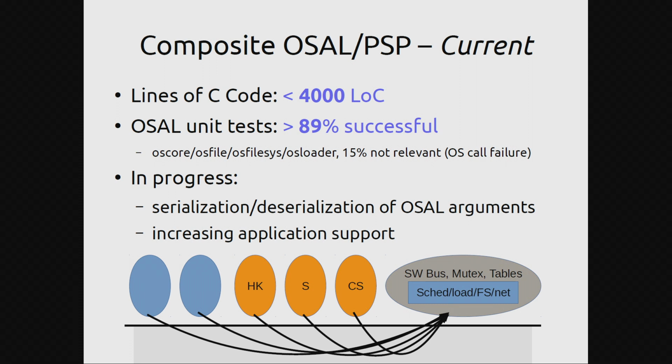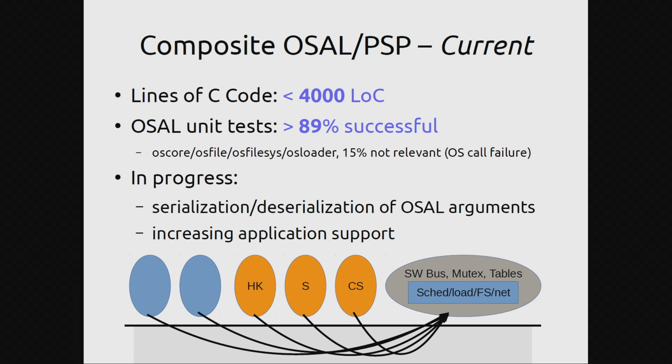Usually where we're failing is just because we said, well, I'm not sure if we really need to implement that. I'm not sure if people are really using it. And then we find out some of the applications do, and we say, okay, we'll fix that then. There are a large swathe of unit tests that we don't actually even plan on supporting because they don't make sense. The OS call failure ones, if you're familiar with them.